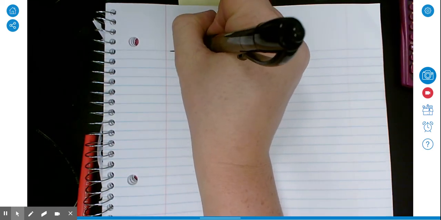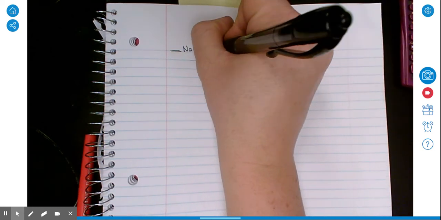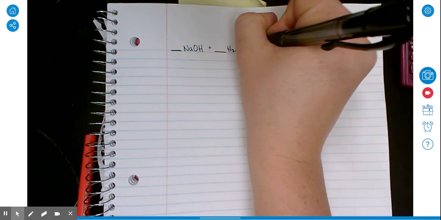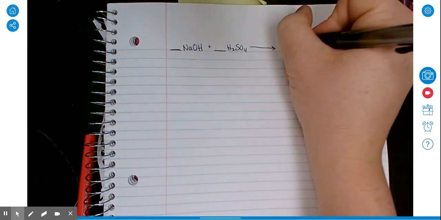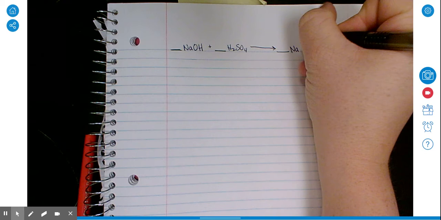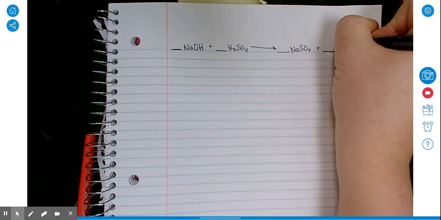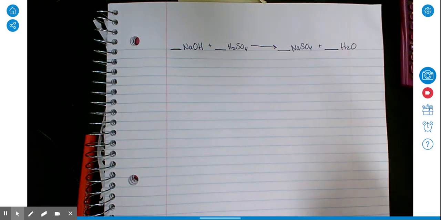This time we are going to combine sodium hydroxide with sulfuric acid and produce a sodium salt and water.